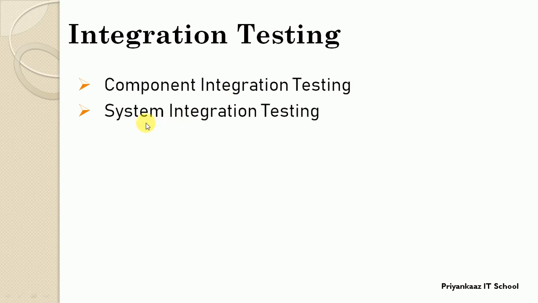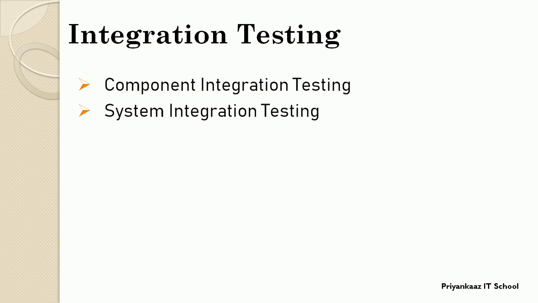Now let's talk about system integration testing. What is the concept of system integration testing? It is a process of combining multiple systems together and testing their interfaces. Here, let's say two different systems and the relation is what we need to focus on. Let's take an example.